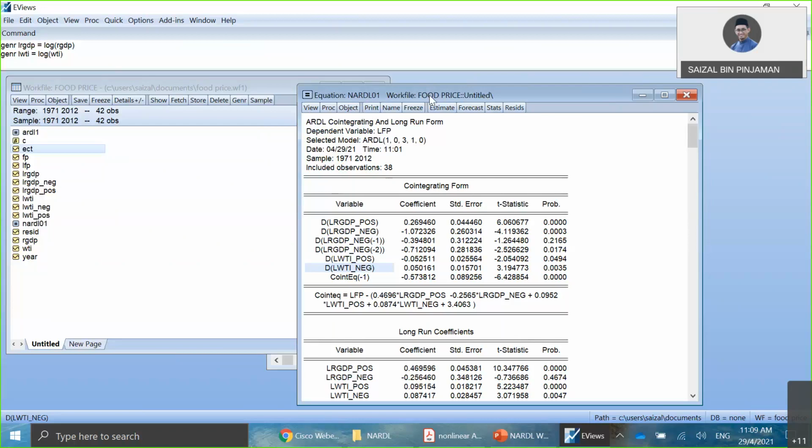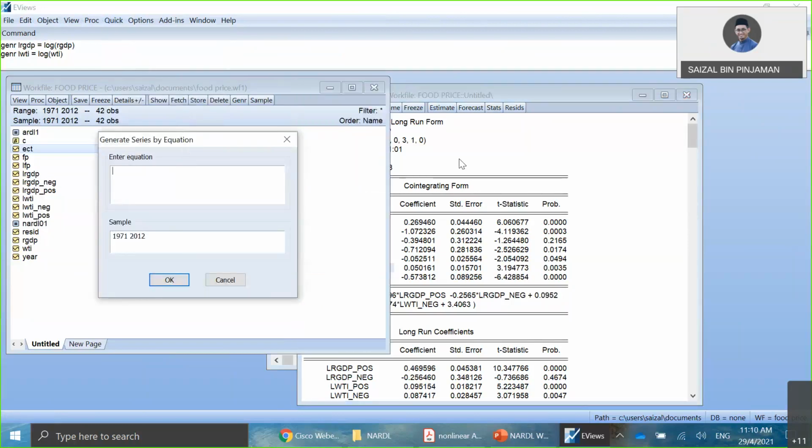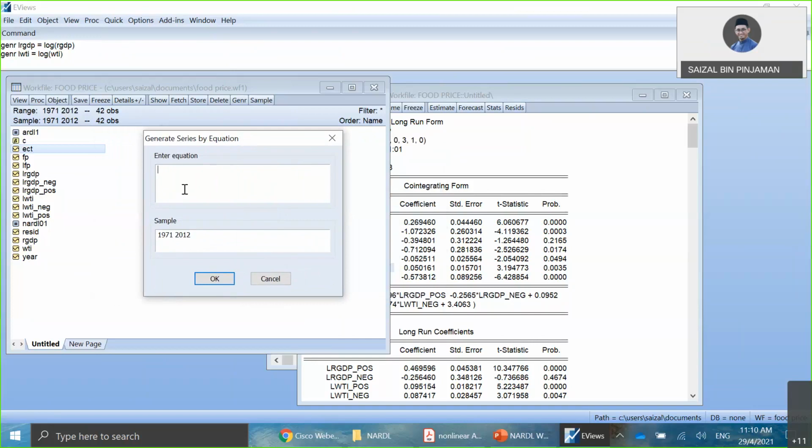In order to create them, as mentioned before, you can either use the command menu or the quick menu. Let us use the quick menu here and create the additional variables. What are these additional variables? They are the difference form of the variables that we have in this estimation.